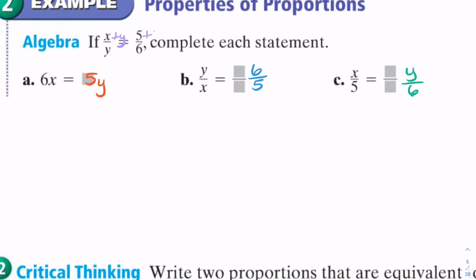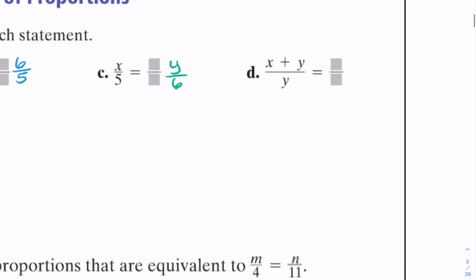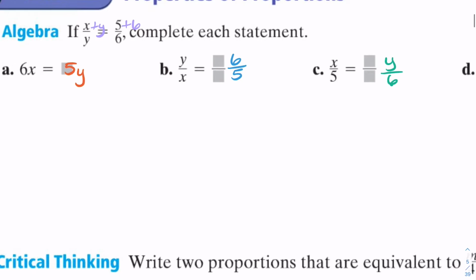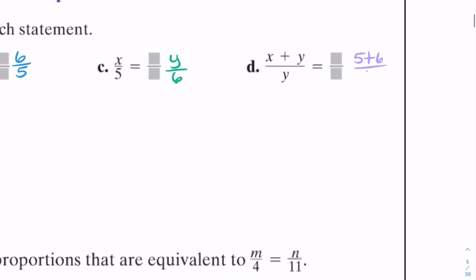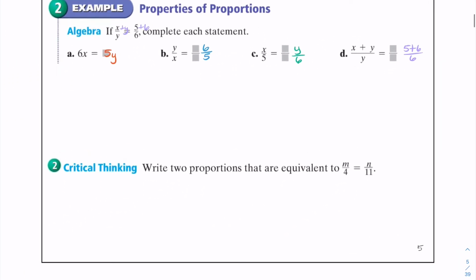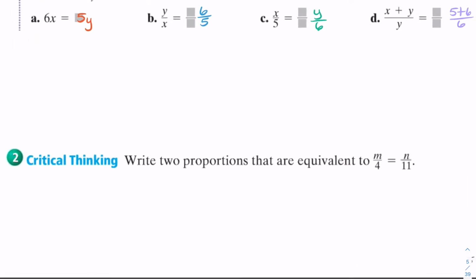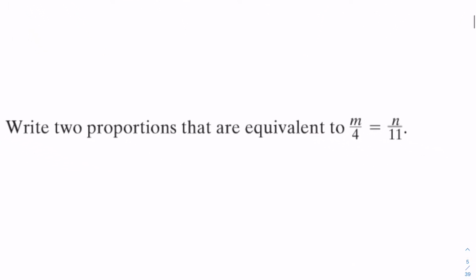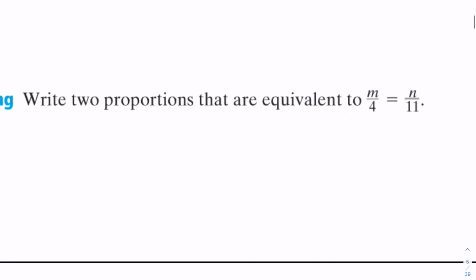So we're going to have to add a denominator here. So we're going to get 5 plus 6 over y. Oh, wait. Over 6. Because our denominator on the right-hand side is 6.